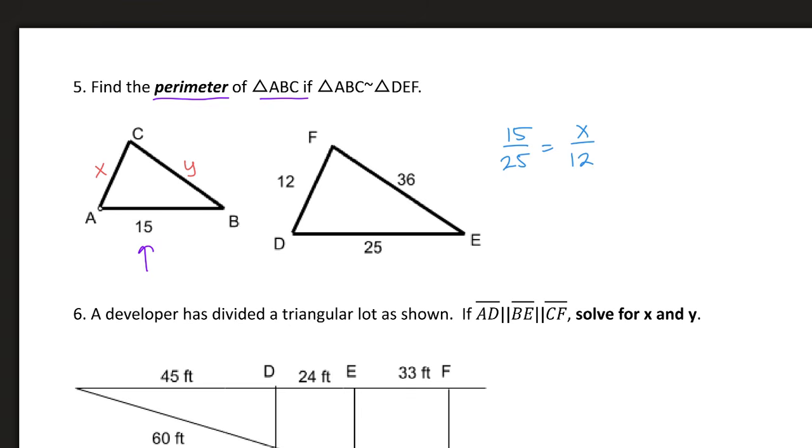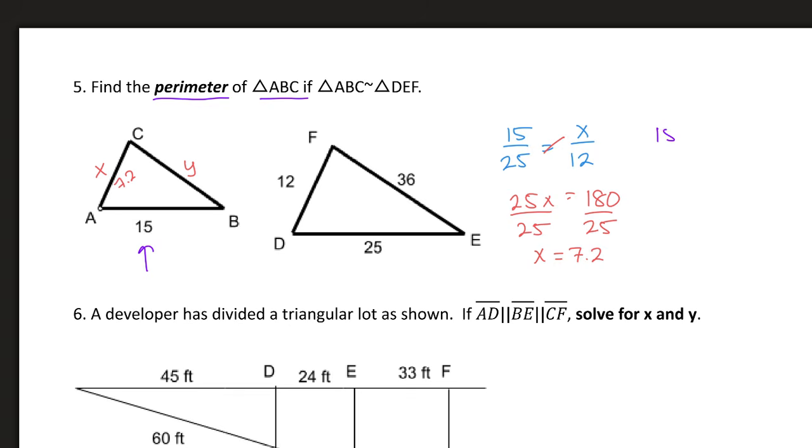And then I'm going to go ahead and cross multiply. So I'm going to solve for x first. So 25 times x is 25x. And then I'm going to do 15 times 12, which is 180. And then I'm going to divide by 25. So x is going to be 7.2. Now I'm going to solve for y.